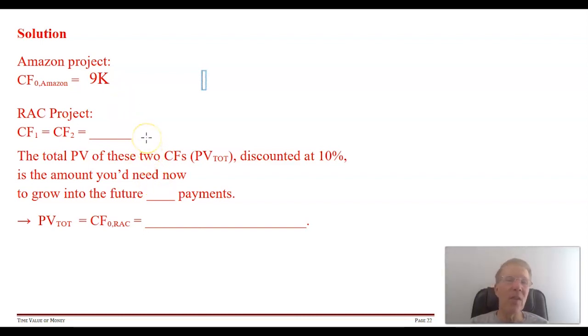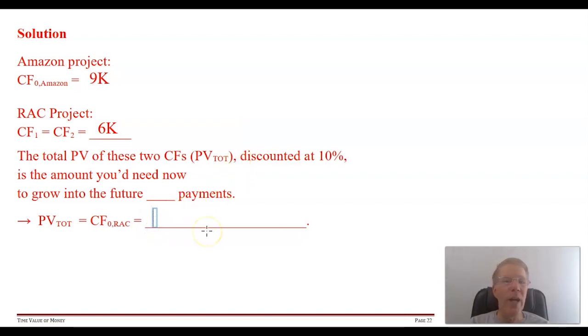And then for Rent-A-Center, the question is, how much do we take out of our big pile of cash sitting in our living room and put into that 10% savings account? So it'll grow into 6,000 in a year and another 6,000 in 2 years. Okay, so we have CF1 equals CF2 equals 6K. All right, so we need to know what CF0 is in this case.